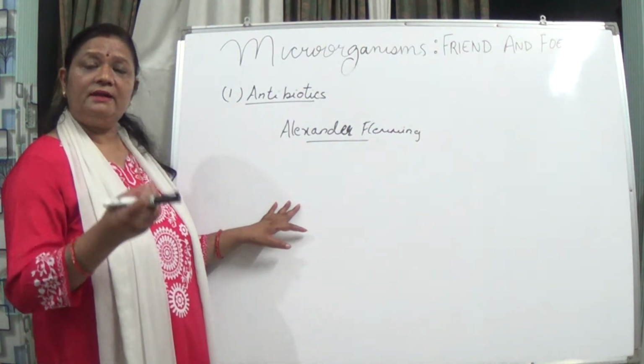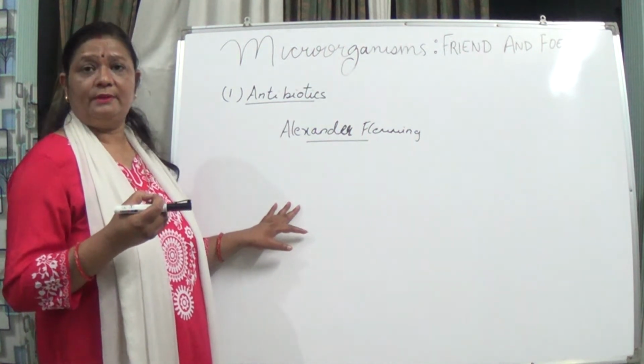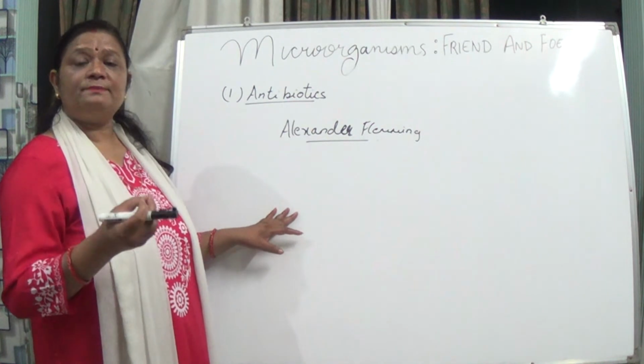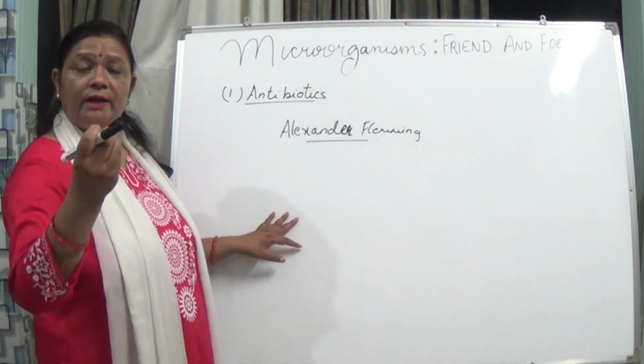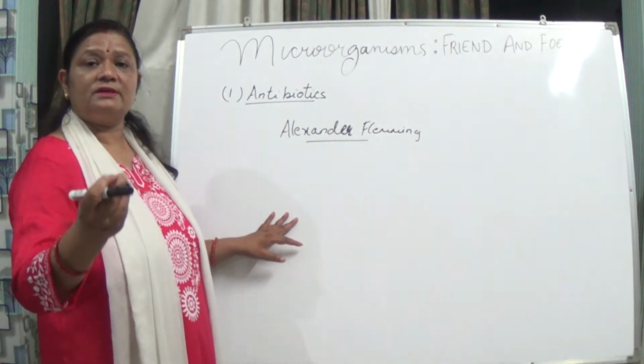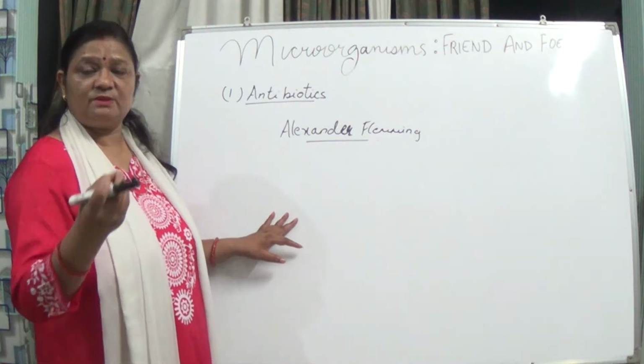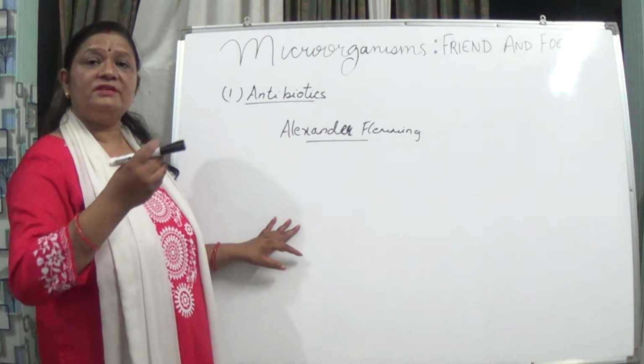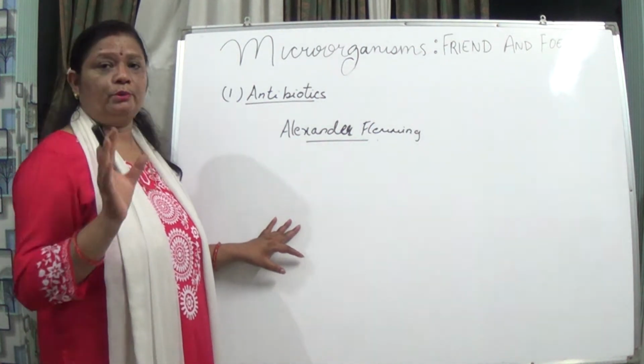When he studied that, it was penicillium. Penicillium is what? A fungus. This penicillium was not allowing the disease causing bacteria, which he had taken as a specimen for culture, to grow, and even reduced its growth.